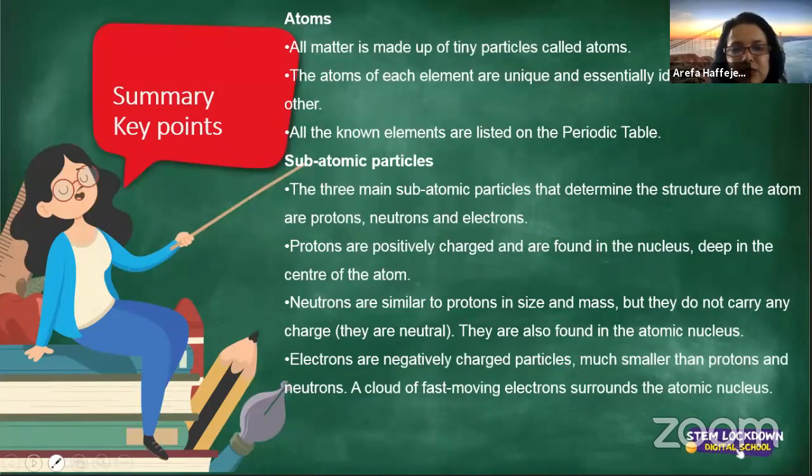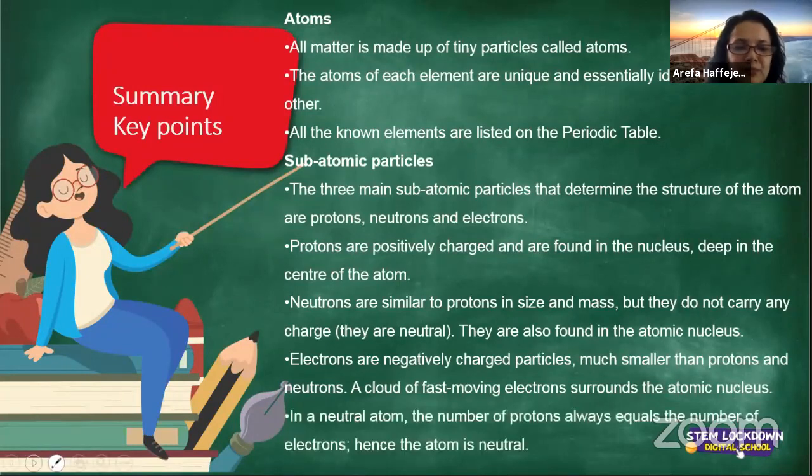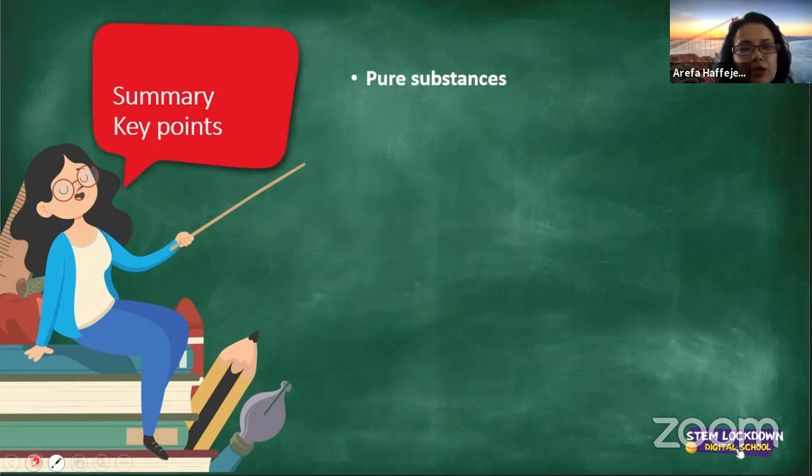Electrons are negatively charged particles, much smaller than protons and neutrons, and they form a cloud of fast moving electrons around the atomic nucleus. In a neutral atom, the number of protons is always equal to the number of electrons. So then we say that the atom is neutral.